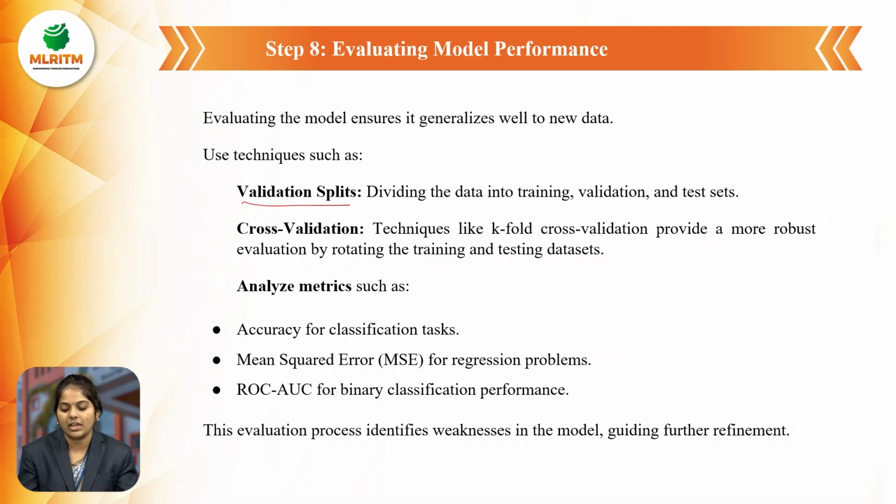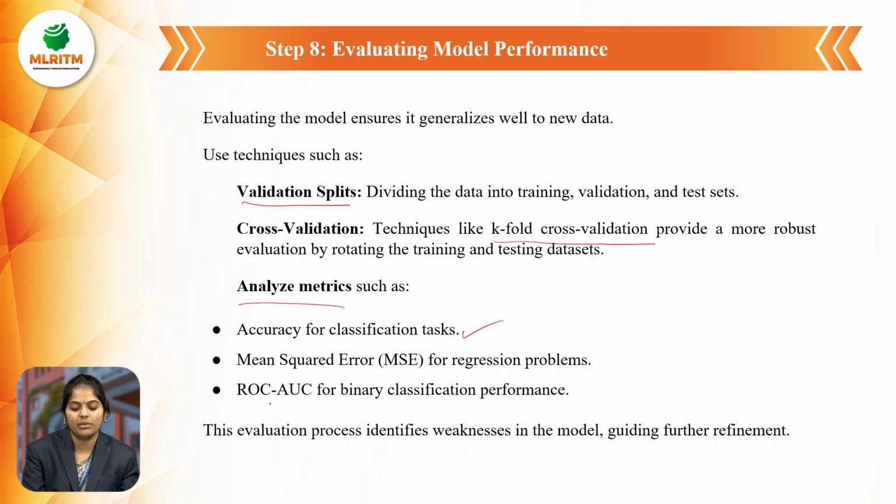Next comes cross validation. It uses a technique called k-fold cross validation, which provides a more robust evaluation by rotating the training and testing data sets. And the last one, analyzing metrics. We use accuracy for classification tasks, which shows how items are classified into certain categories.